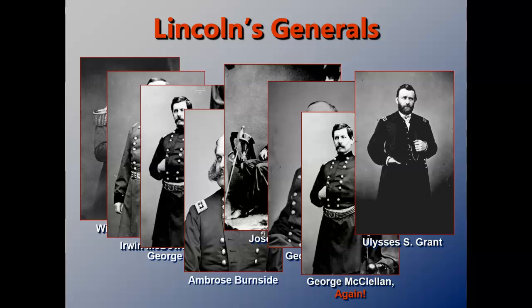A lot of these guys make several mistakes, and that's why they end up getting replaced. McClellan was oftentimes too cautious. But Grant will eventually finish the war as the major general of the Union forces.